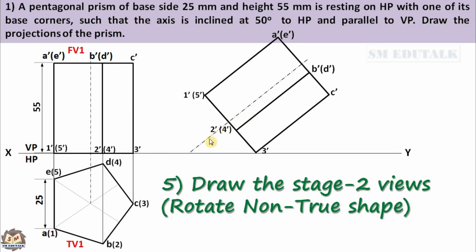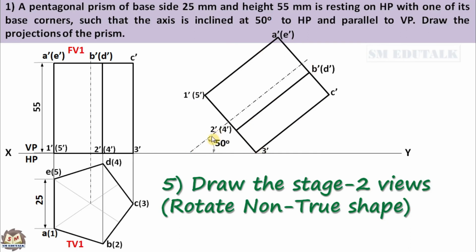To do this, first you have to draw the axis line with an angle of 50 degree. After drawing the axis line, you have to draw the base edge followed by other edges. But in this method, it is somewhat difficult to draw the diagram. I will explain some other method which is easier than the previous one.